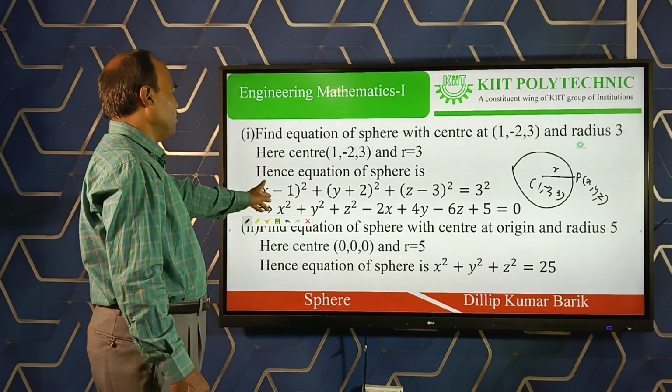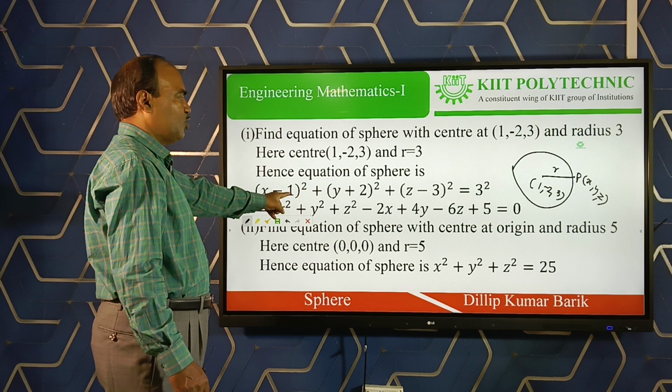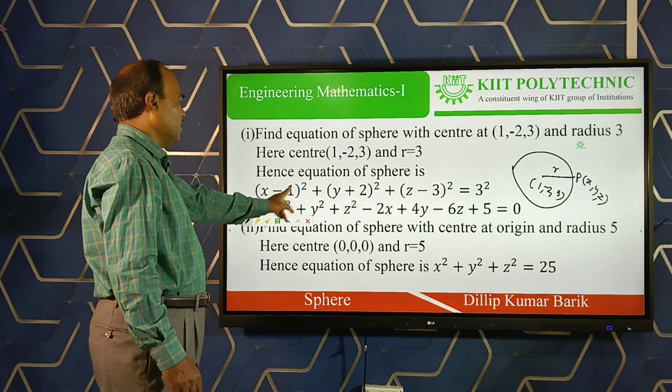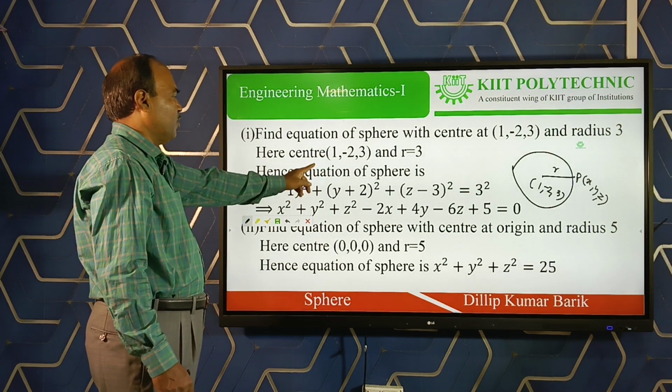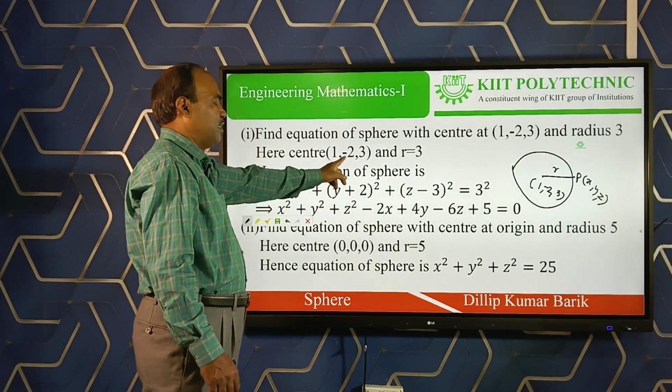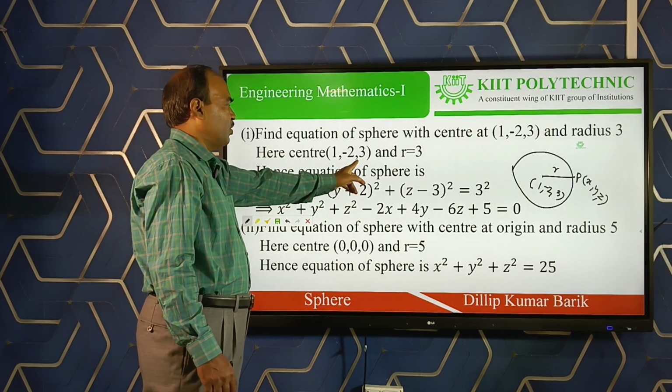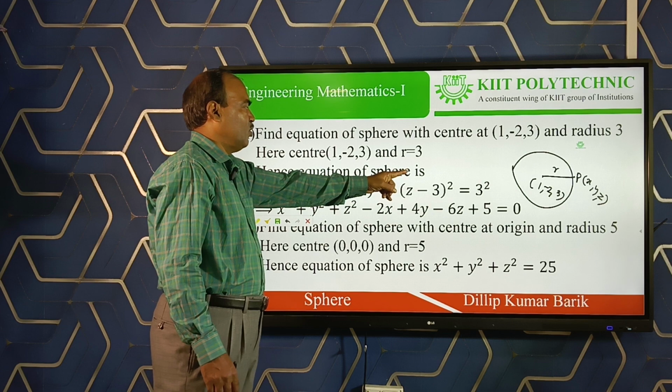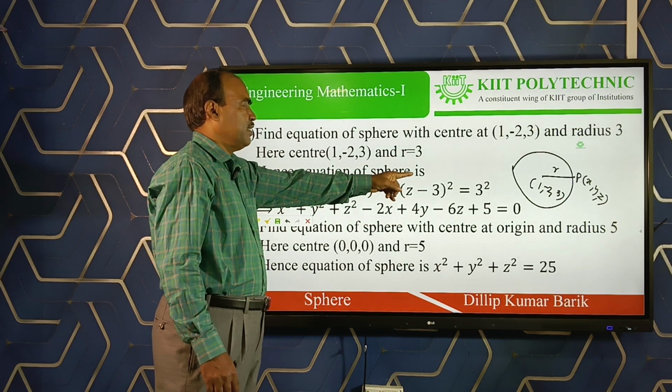So using the formula, a is equal to 1 here, so (x minus 1) whole square plus (y plus 2) whole square plus (z minus 3) whole square is equal to radius square, that is 3 square.